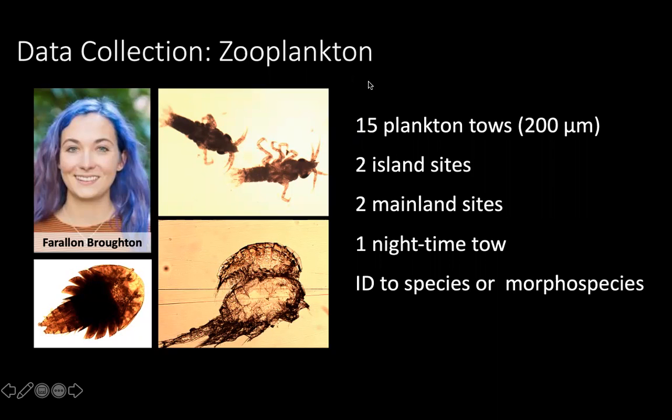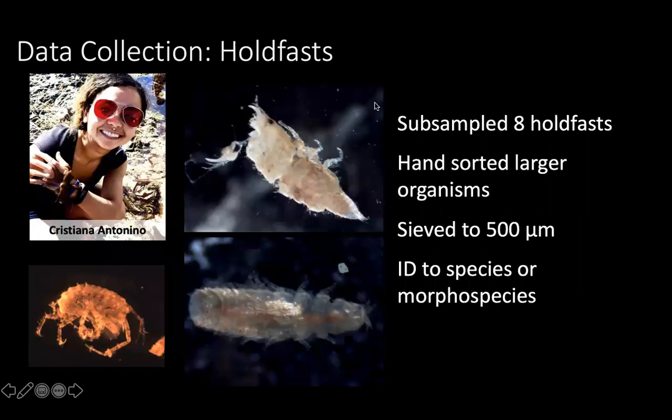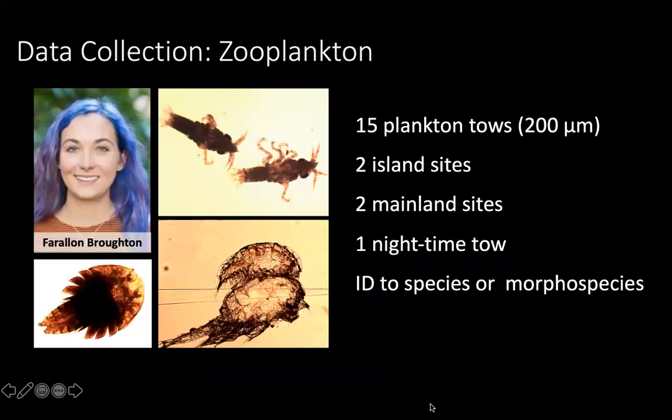So we did zooplankton tows at several sites, and we identified things to species where we could. We also sampled kelp holdfast. So that's the way that the giant kelp attaches to the substrate, and we sorted the organisms there. And we found some pretty interesting things. In the top right here, this is a type of isopod that is a blood feeding organism.